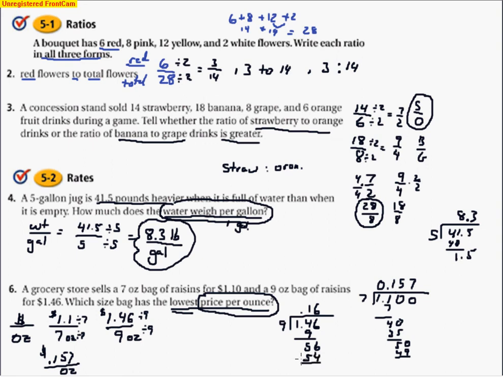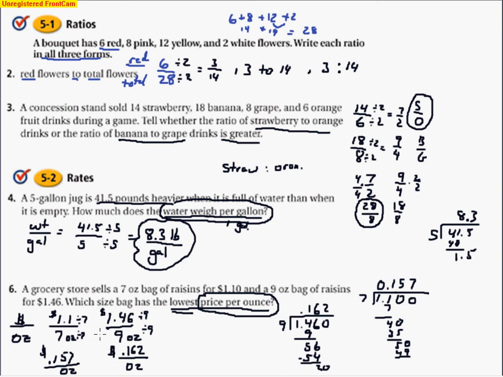If I did, I would have to subtract, get a 20, and if I did add in one extra number, it would only go in 2 times. So there it is. The other one's going to be $0.162. So it's good that I didn't round it, because if I had, I would have rounded it to 16 cents per ounce. This one was 16.2 cents per ounce, or $0.162 per ounce.